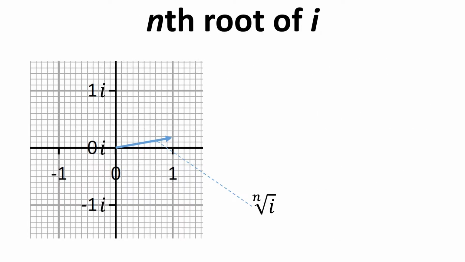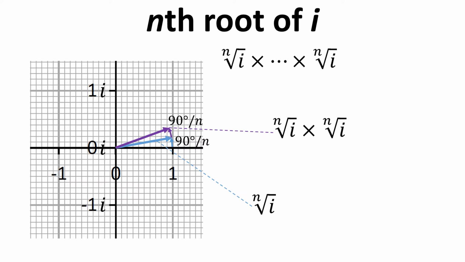Okay, so if we think about a graphical representation of the nth root of i, we've got an arrow here, magnitude 1, and it's rotated by 90 degrees divided by n. So n is whatever order of root that we're after. If we were to multiply the root by itself, we'll rotate another 90 degrees over n, and we'll be at this point represented by the purple arrow.